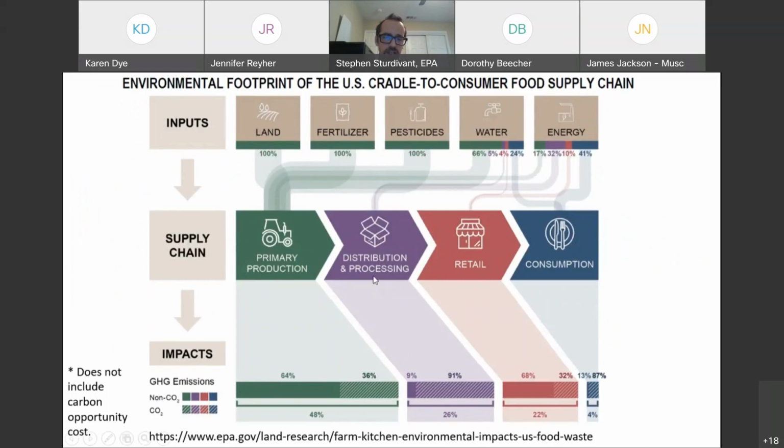Some of it's happening during distribution and processing. All of this is happening before it even reaches you, right? So once you generate food waste, your options are limited as far as trying to impact the emissions that have occurred. That's why source reduction is so important. You can actually get at the primary production emissions that are occurring.